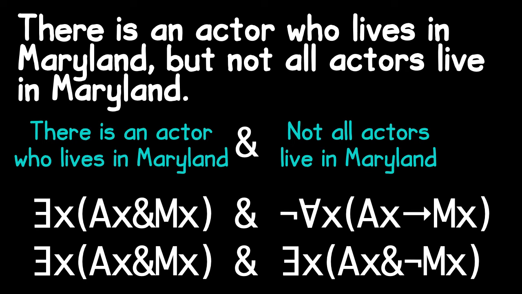Not all A's are M's. Recall that there are two ways to translate that pattern. We can do it as not for all x, Ax arrow Mx, or as exists x, Ax and not Mx. Because there are two ways to translate the right-hand side, we have two equivalent translations.